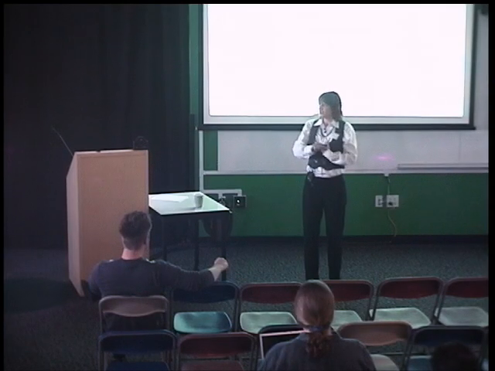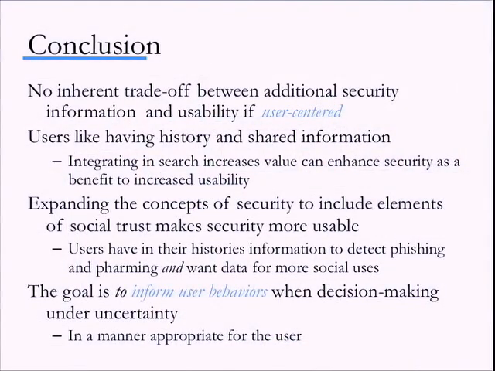One, defining security as surveillance, and two, defining the security designer as omniscient. I know what values you want. I know what risk you want to take. I know what's a good website and what's a bad website, and you should listen to me about it. Users like having history and shared information. That history and shared information can enhance security and at the same time benefit usability.